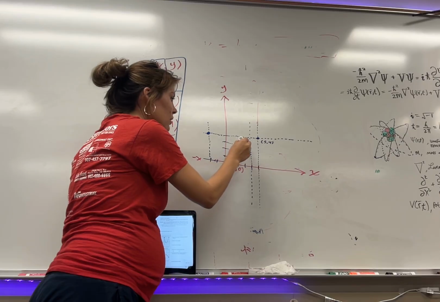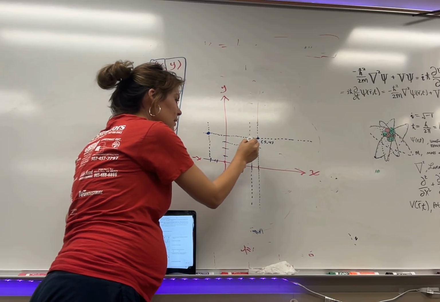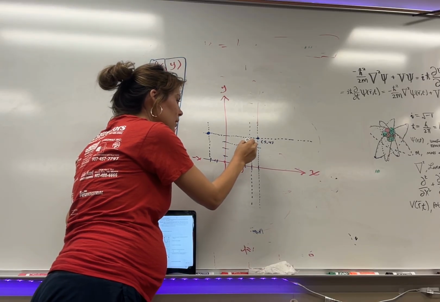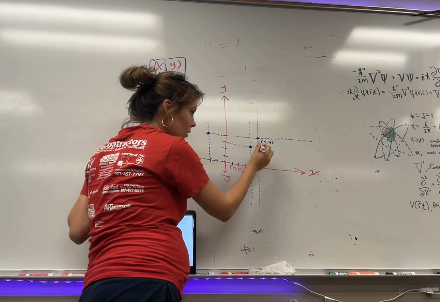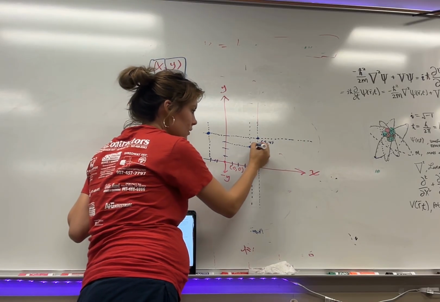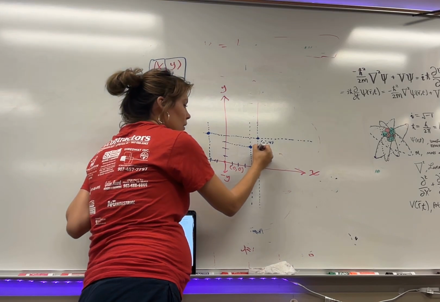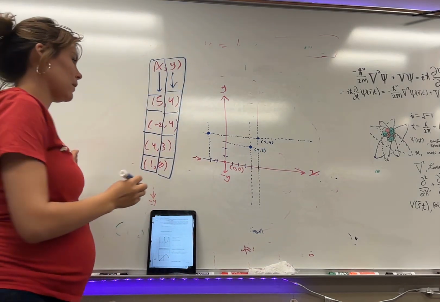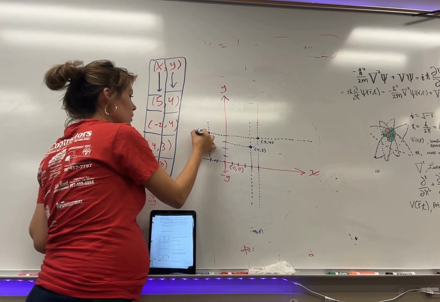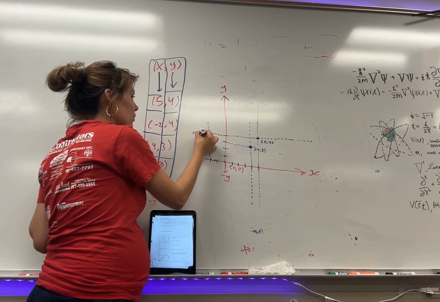Let's draw that. Where does it meet up with x equals 4? Because that is the point where this point is supposed to be graphed. Just erase this. This is the point (4, 3). Okay? We'll label this point 2. This is the point (-2, 4).